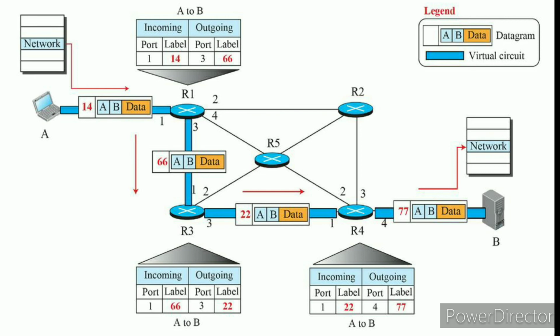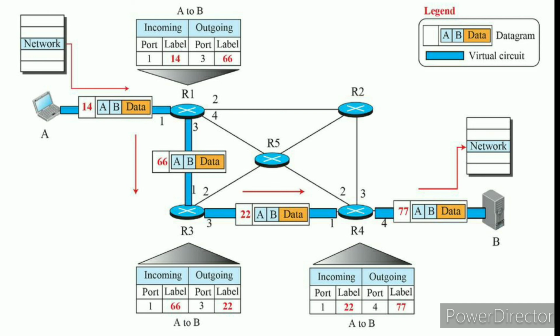At port 3 it will assign a label, called 66. So 66, A, B and data. When it is received in the router R3, it checks that whenever data comes from port 1, it will send the packet through port 3, and it assigns a label called 22.